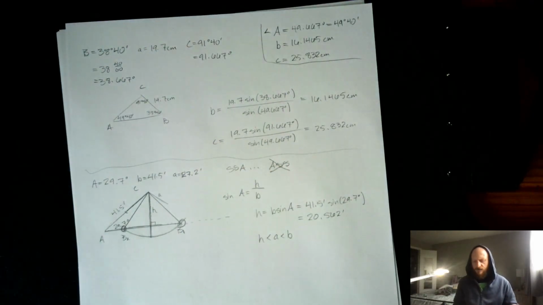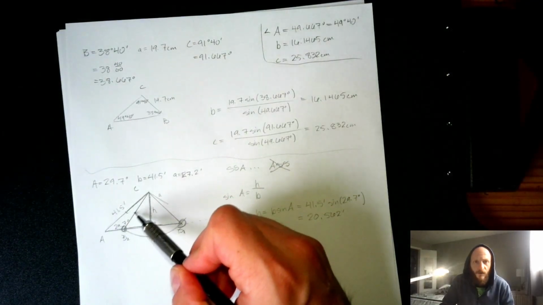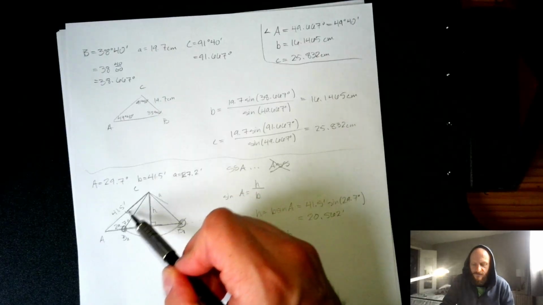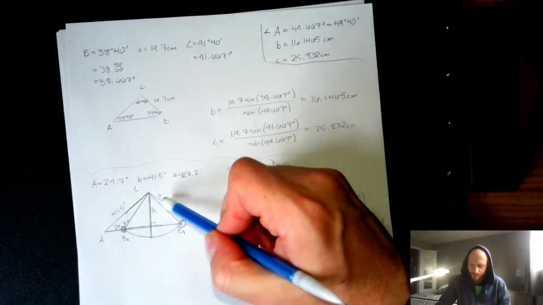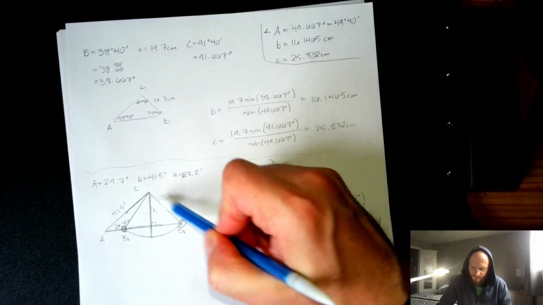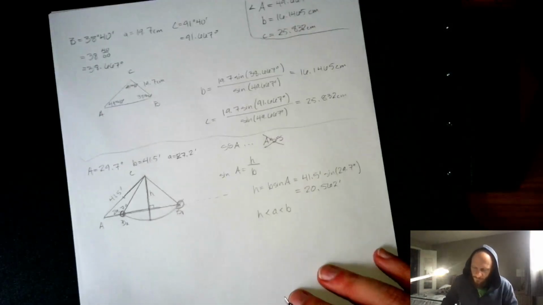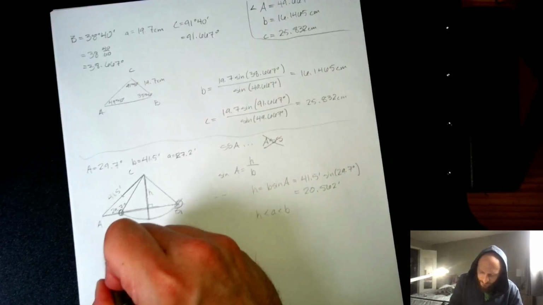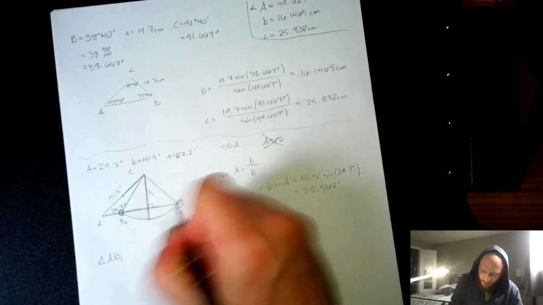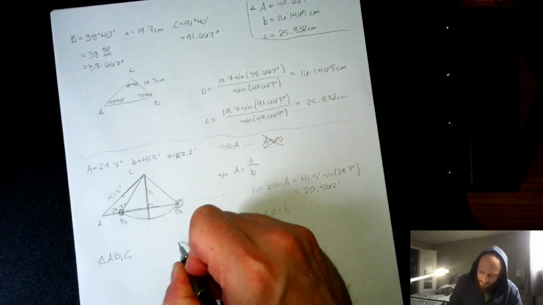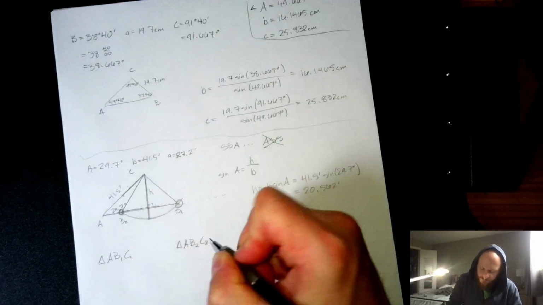So there are two triangles in here: this small one off to the left, and this larger one that is encompassing everything. So we need to solve both of them. I'll call those triangles A, B1, C1, and triangle A, B2, C2.